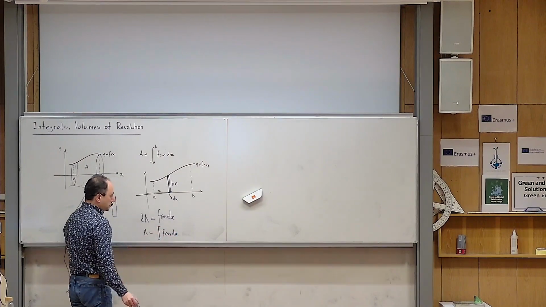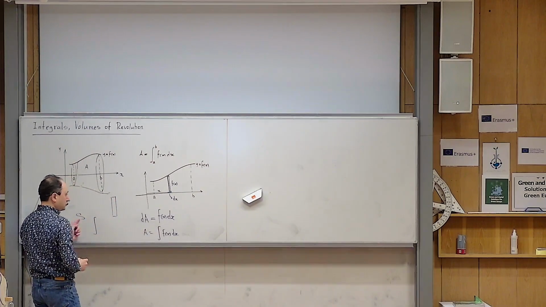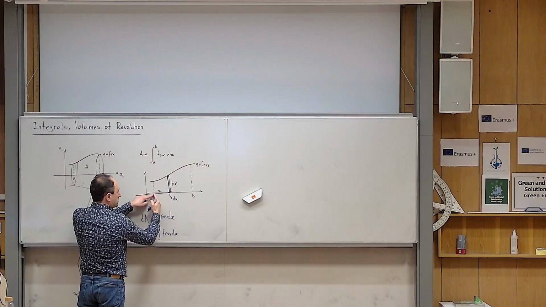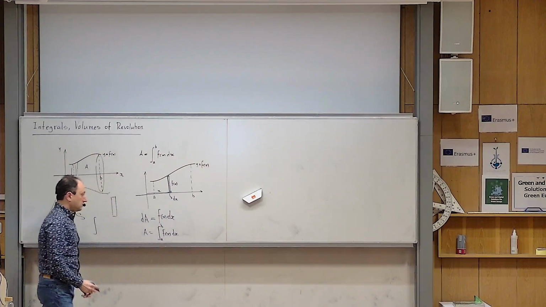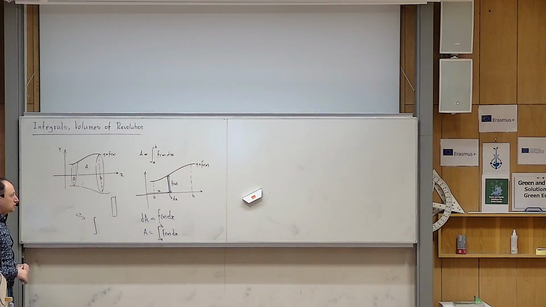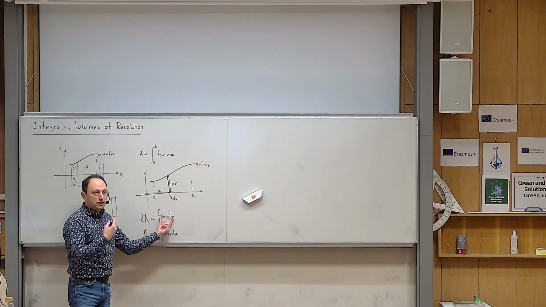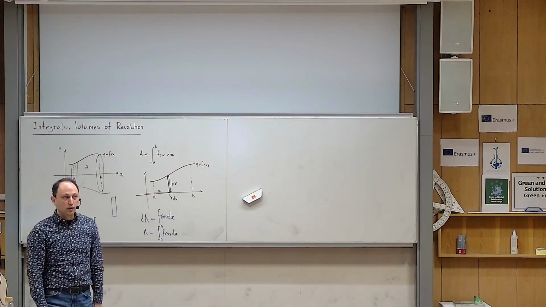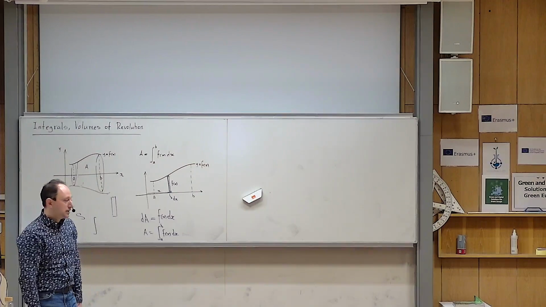So the integral sign means a stretched S for sum. But my x starts from a and goes up to b. So this is a to b. I want you to have this idea in the back of your head, because whenever you have an infinitesimal number and you realize you want to add up the infinitesimals to get the quantity that you are interested in, you need to remind yourself about the integral.